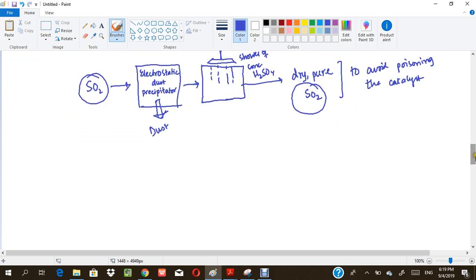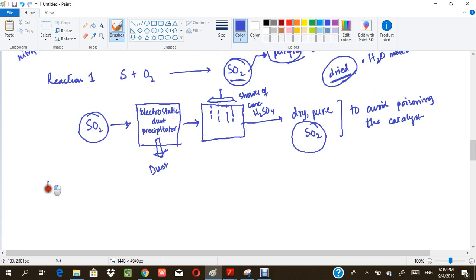Now sulfur dioxide is sent on for the second step. And the second step is basically the most important step of this reaction. So if you are ever asked to write the equation of the contact process, the equation is SO2 plus O2 gives us SO3.